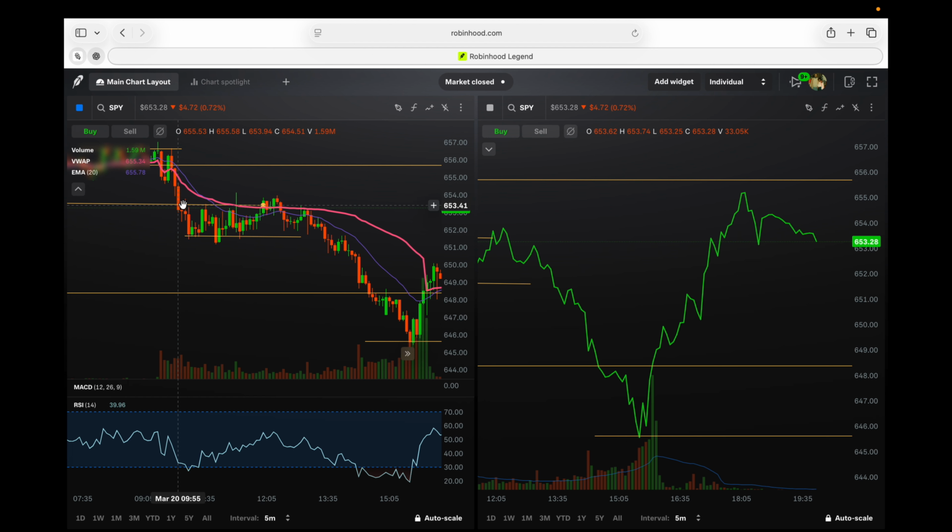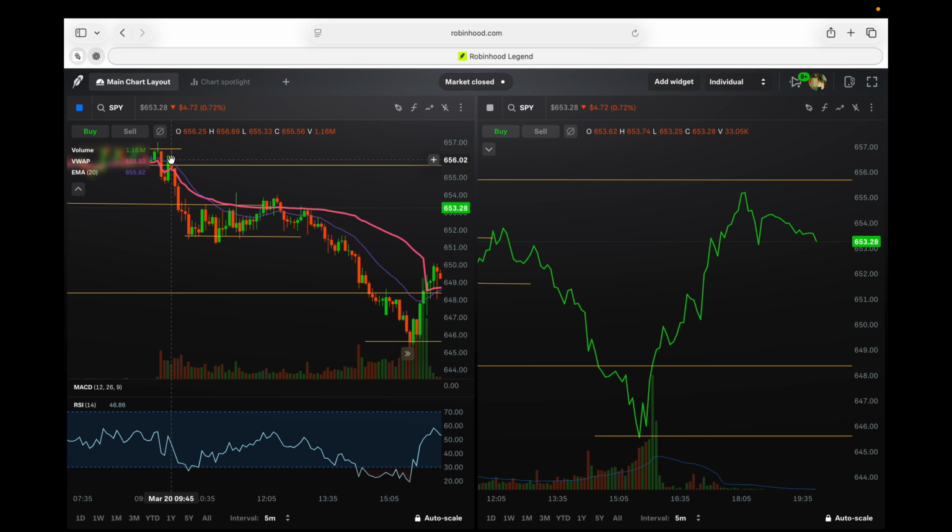So at one point, and some of these lines go back days for me, or it may be weeks that I've drawn in. These areas of support and resistance seem to hold true for most of the time. So back here, you see we did not go above my area of support, and we started getting beat down.